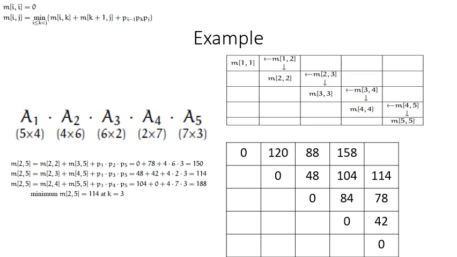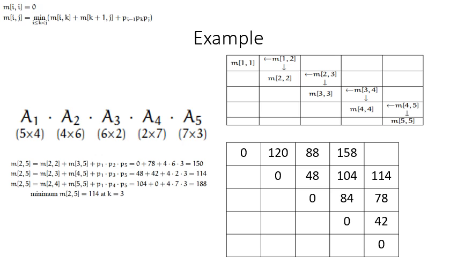In this diagonal we are multiplying four matrices, like we are multiplying A1 with A4. So we will be having three values of k, like k can be equal to 1, 2, or 3. We will select the minimum of these three values, that is 158, and that we will get from k equals 3.